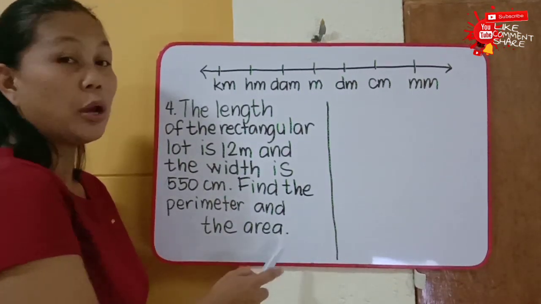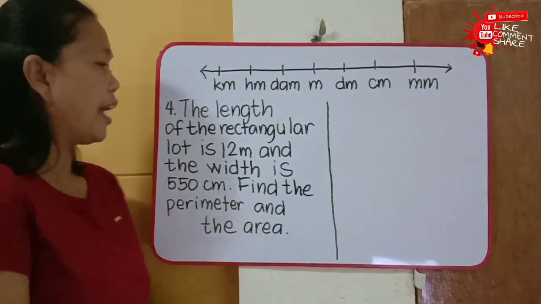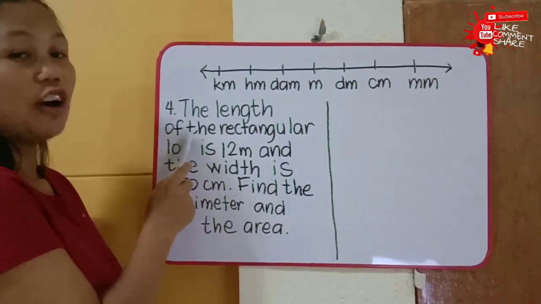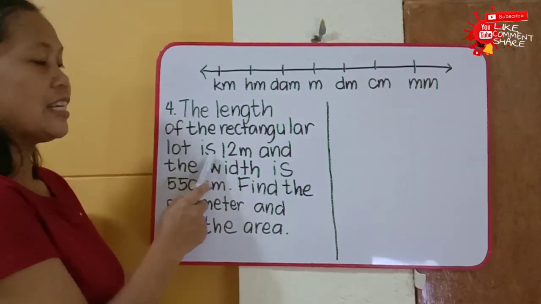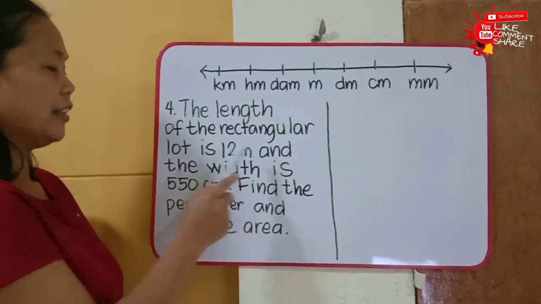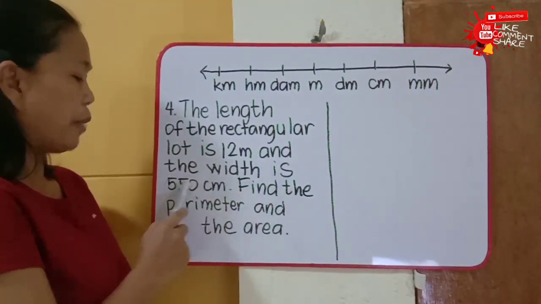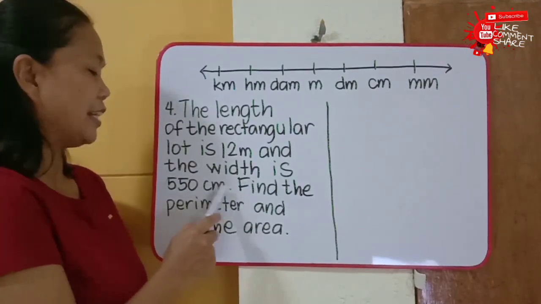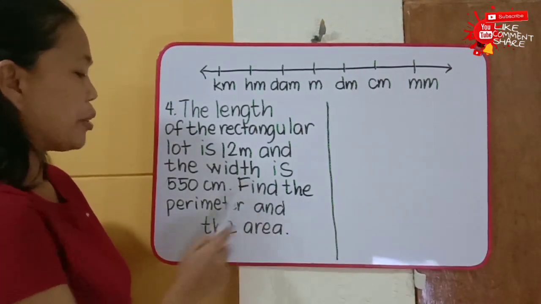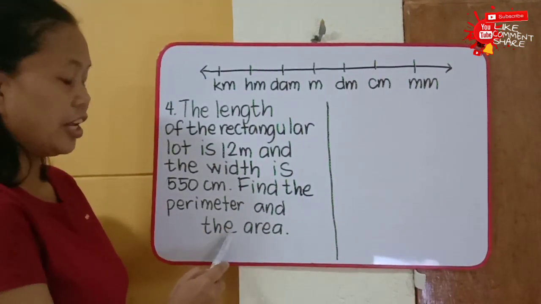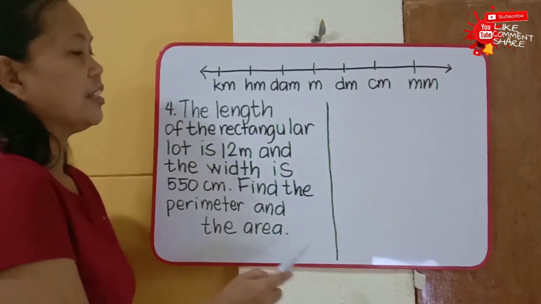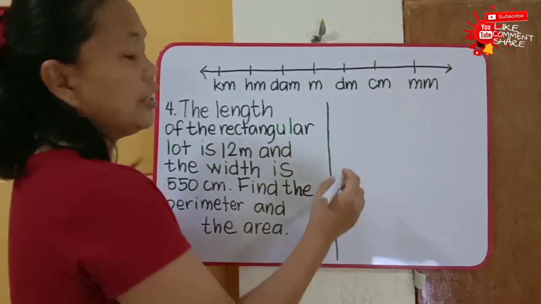Let us have our fourth example for the conversion of units. Let us have this word problem. The length of a rectangular lot is 12 meters and the width is 550 centimeters. Find the perimeter and the area. Here is the solution.